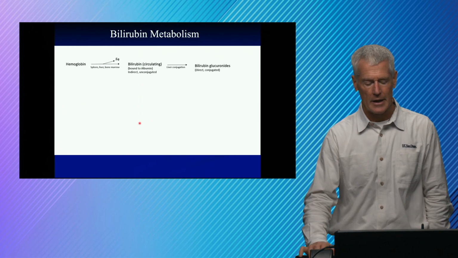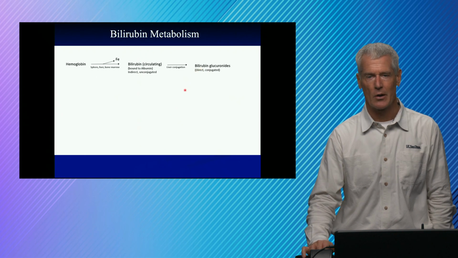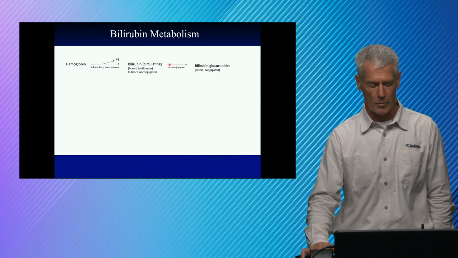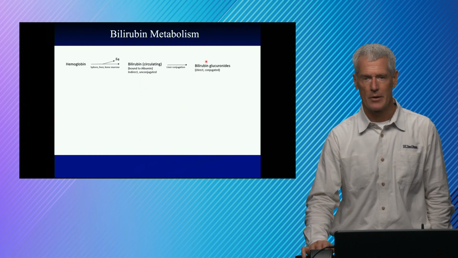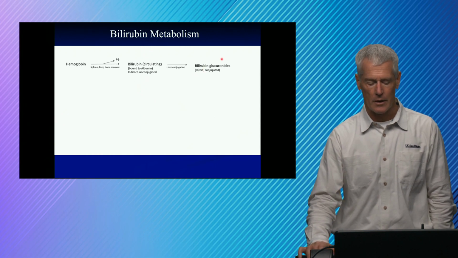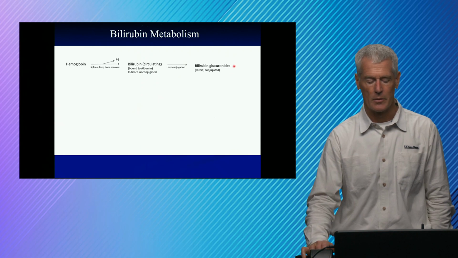And so in the laboratory, the two most common bilirubin tests we're going to talk about are total, and total would be both unconjugated with conjugated, and we talk about a direct bilirubin. And so direct bilirubin is primarily the bilirubin glucuronide that's water soluble.